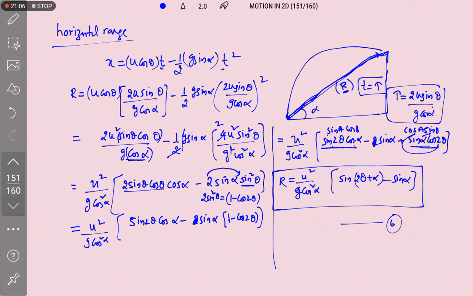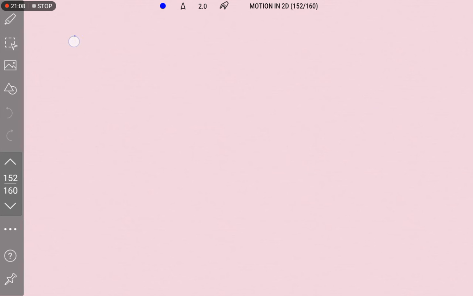Further we will write this expression: R is equal to u square by g cos square alpha, sin of 2 theta plus alpha minus sin alpha.